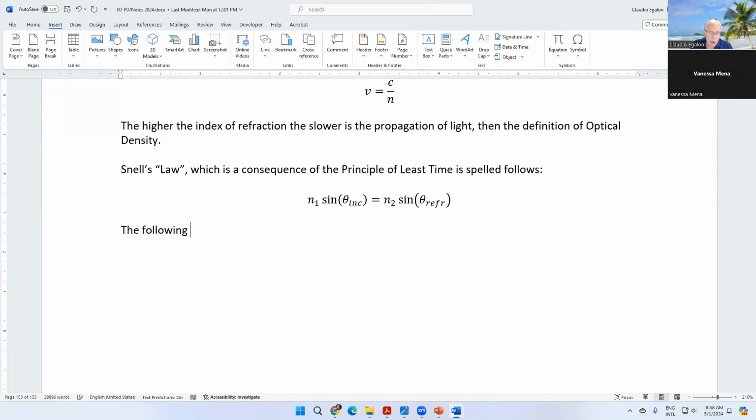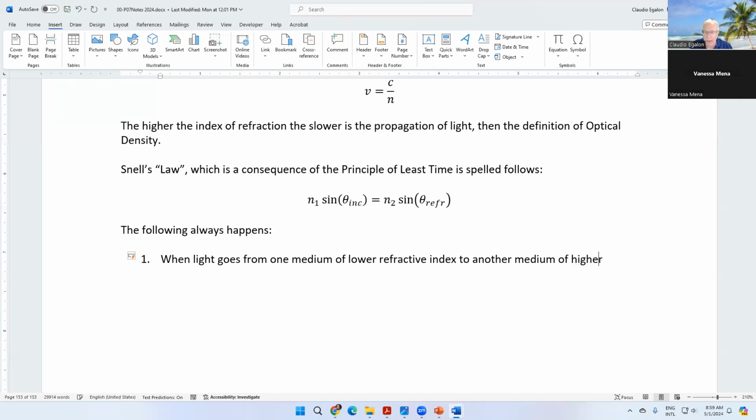One, when light goes from one medium of lower refractive index to another medium of higher refractive index, the angle of refraction ends up being less than the angle of incidence.